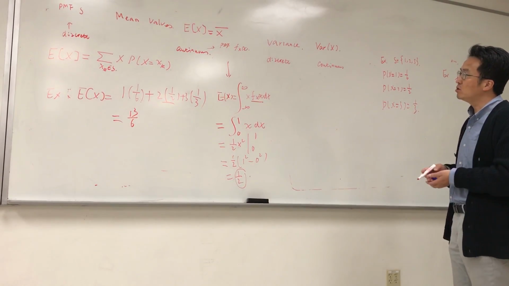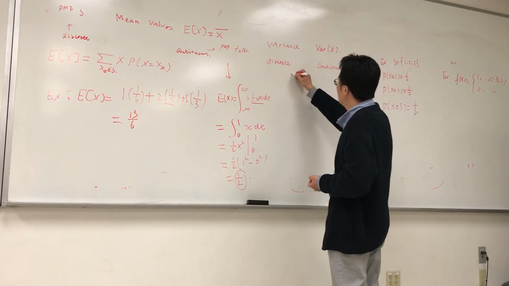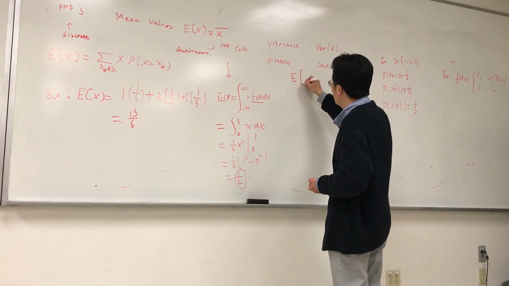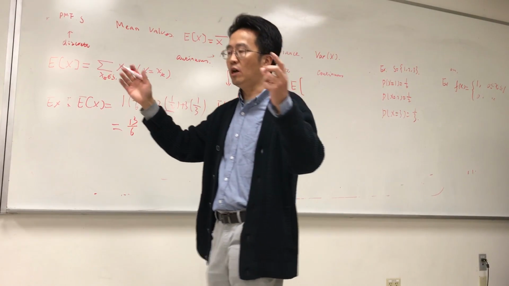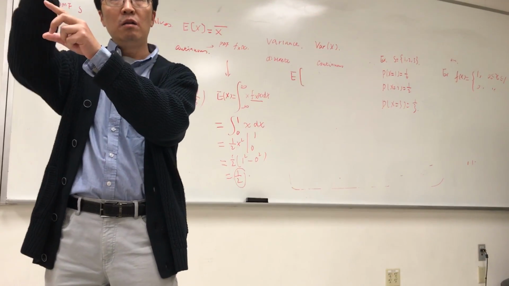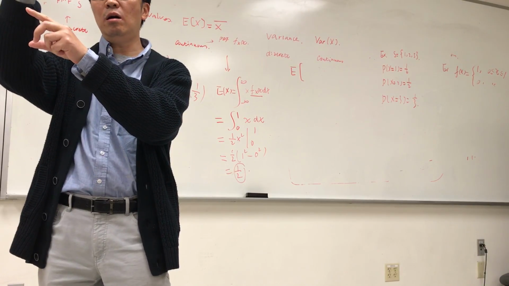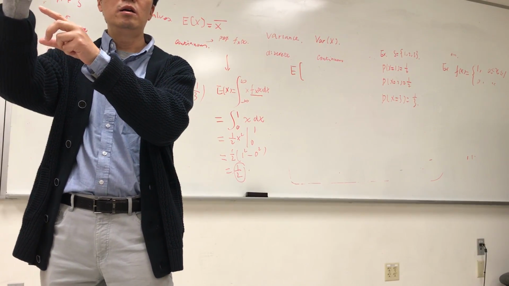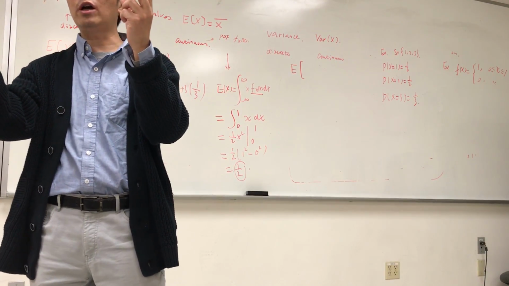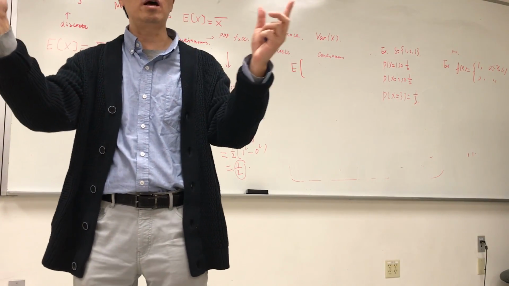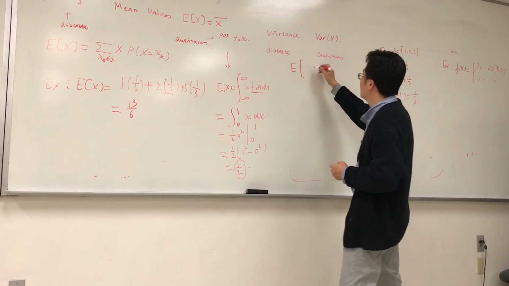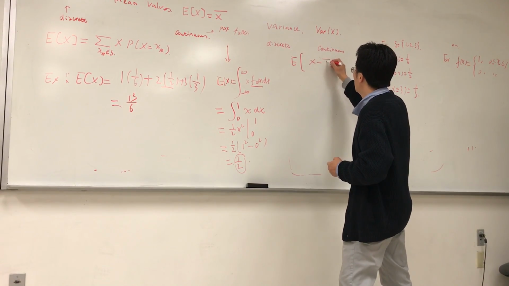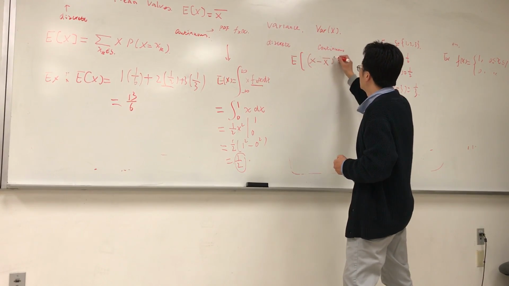And for the variance, it will be something like this. It will involve the mean value. Basically it's about how far away X is from the mean value, and the distance could be on both sides. So that's why we are going to determine the mean value of this distance with X minus the mean value, squared.